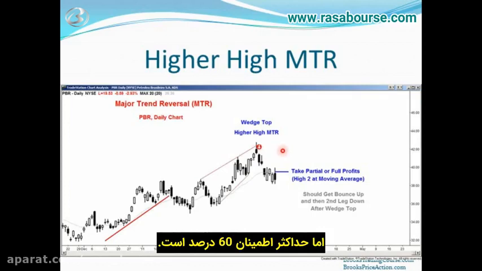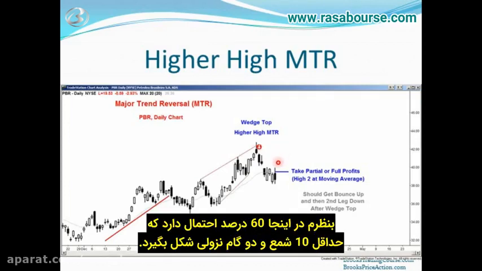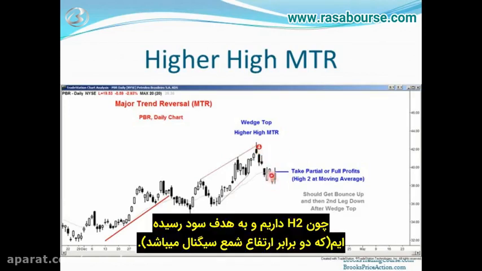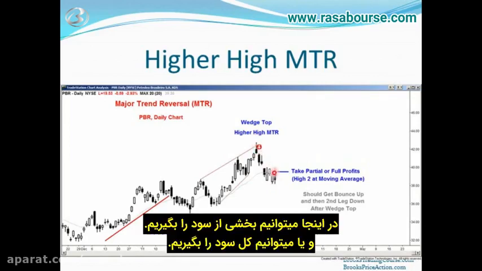But the most you can be certain is 60%. At the moment, I think it's 60% certain that we'll get at least 2 legs down and at least 10 bars down. Because of the high 2, and because we're around twice the height of the signal bar, twice the size of the risk, this is a good location for taking partial profits or even full profits.